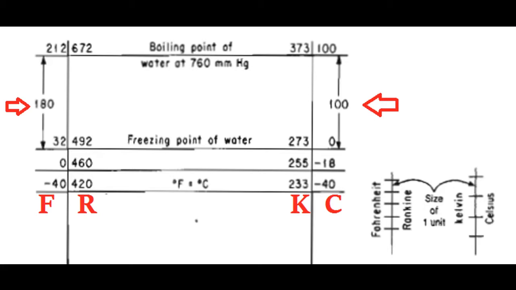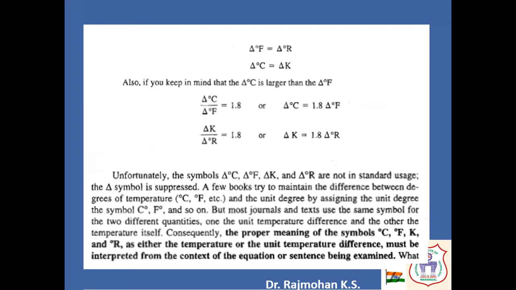Okay, so coming to here, similarly if we consider the left hand side Fahrenheit and Rankine, the difference between the boiling point and the freezing point is 180. You can see here in the Fahrenheit scale, 212 minus 32 is 180.